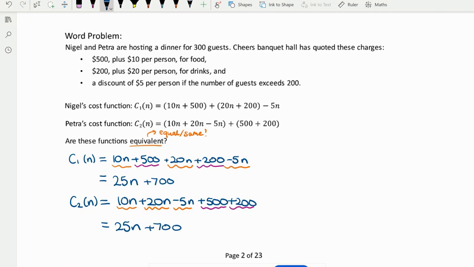And you end up with the exact same function. So I can say, therefore, they are the same cost function. So you can say, yes, they are equivalent, because they're the same.